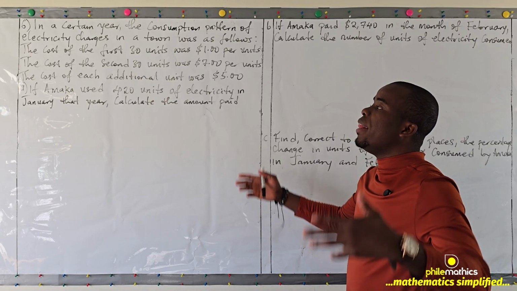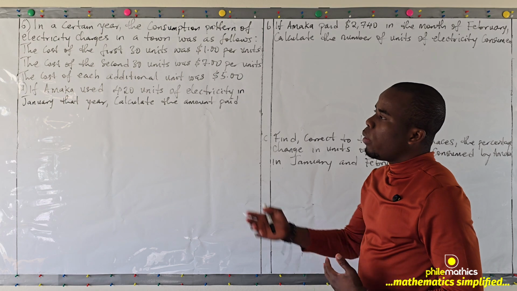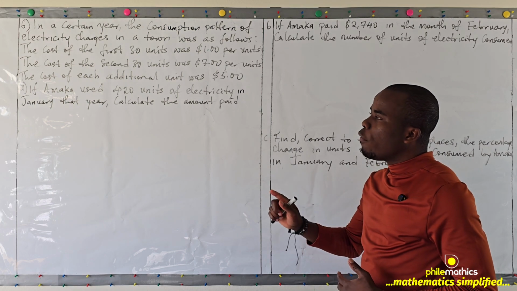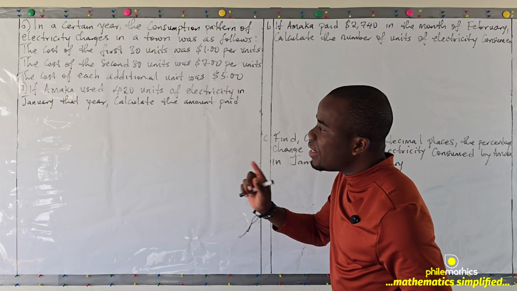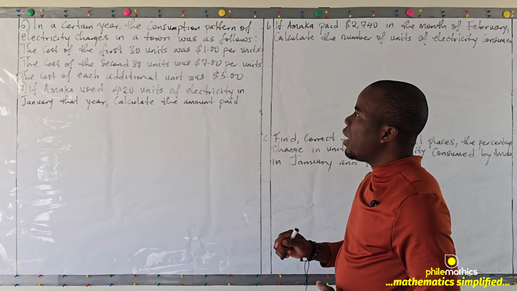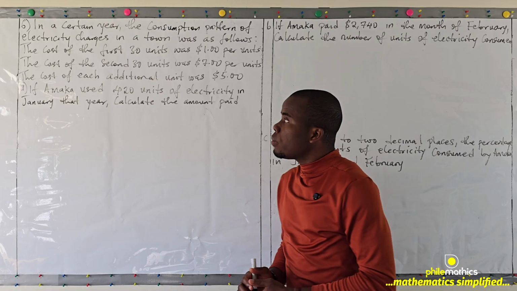So there's a lady called Amaka, and we are told if Amaka used 420 units of electricity in January that year, what amount did she pay for electricity bills?